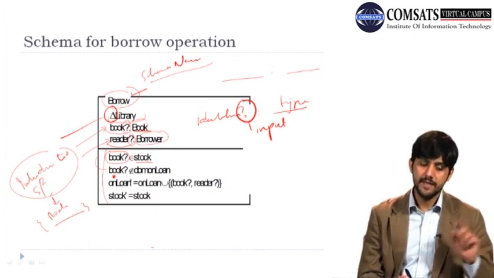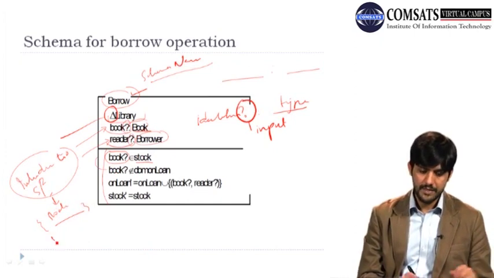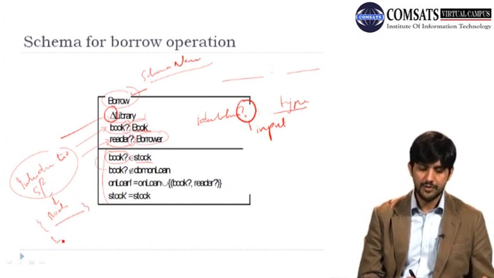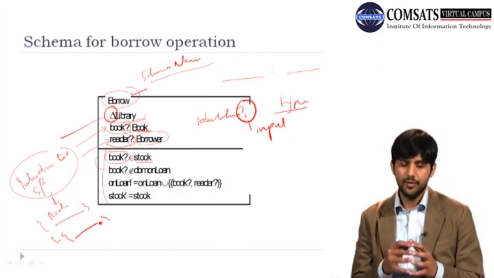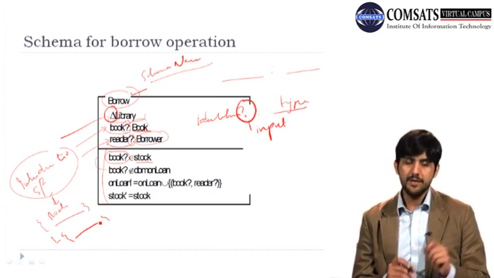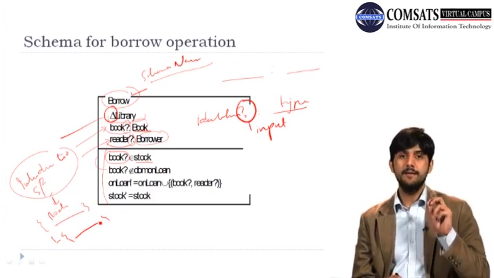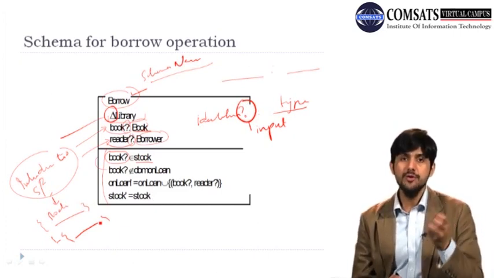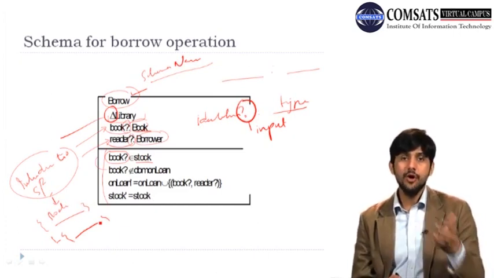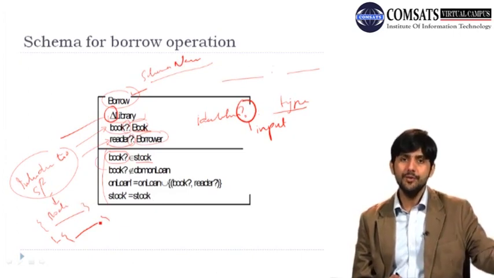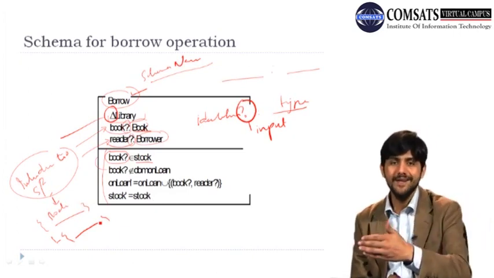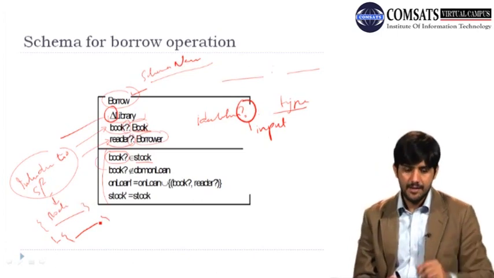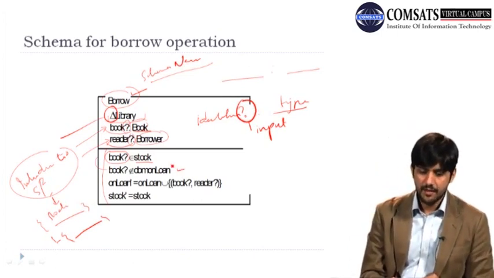And I have another set, which is the set of books on loan, and I'm ensuring that the book the borrower wants to borrow should not belong to the set of on loan books, because if somebody has already issued it, then I cannot issue it again. So this is the second thing I'm checking.